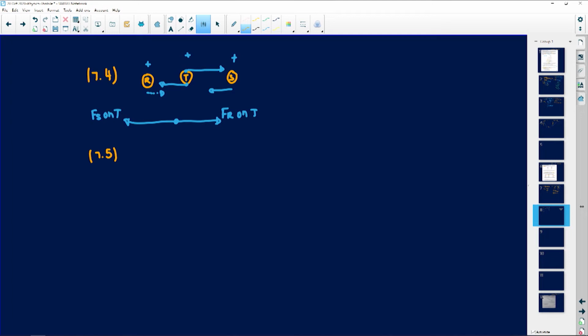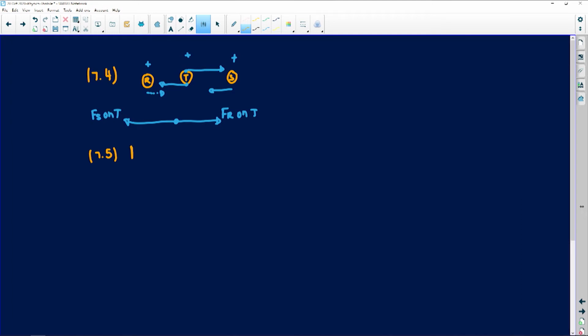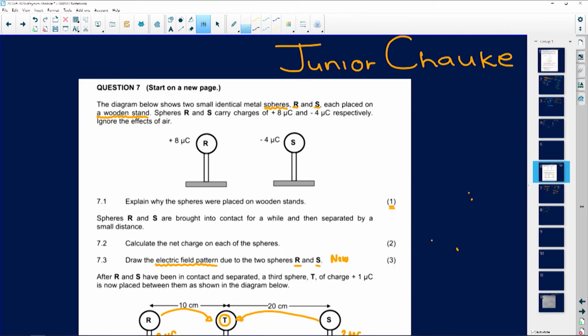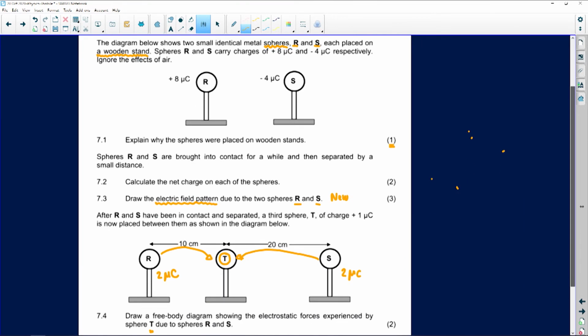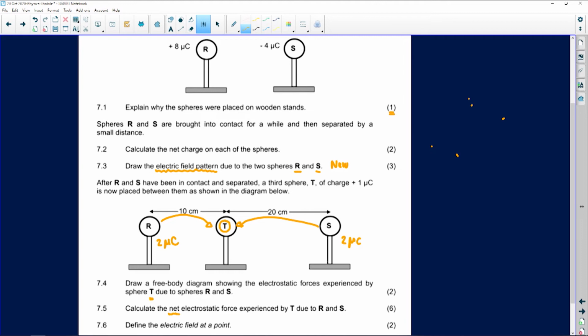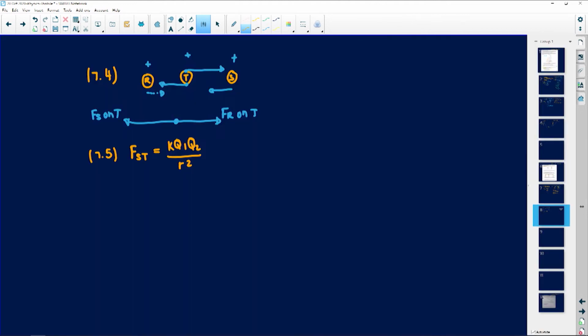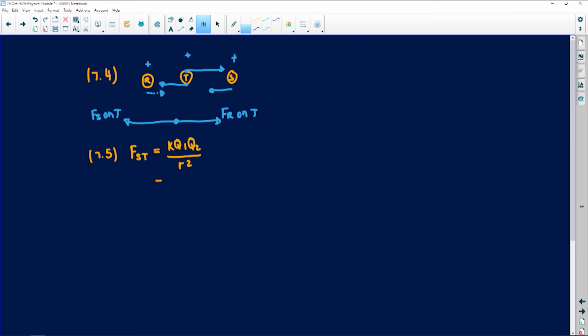That is then 7.5. So I can say the force of S on T, I can say Q1 times Q2 all over r squared, right? Now, an interesting thing with this question is that remember that these two charges are actually equal. They have the same number of charges. So that actually made it simple. And I know that k in this formula is a constant. This you're going to get on your formula sheet, which is 9 times 10 to the exponent 9.